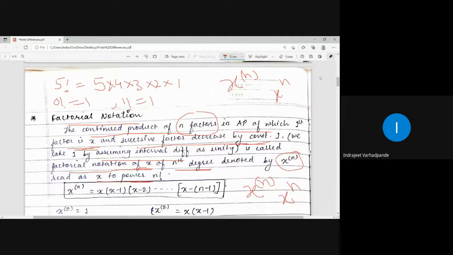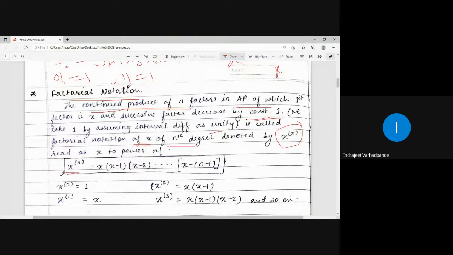The continued product of n factors in arithmetic progression, of which the first factor is x and successive factors decrease by constant 1, with the difference of interval purposely taken as unity, is called the factorial notation of x of nth degree, denoted by x to the power n written in brackets, read as x to the power n factorial.